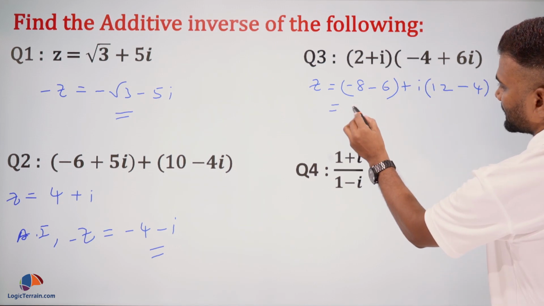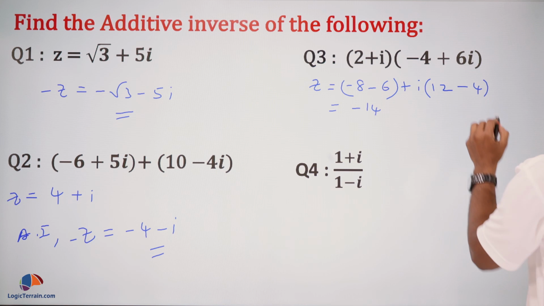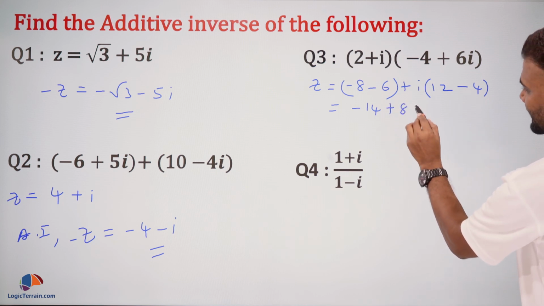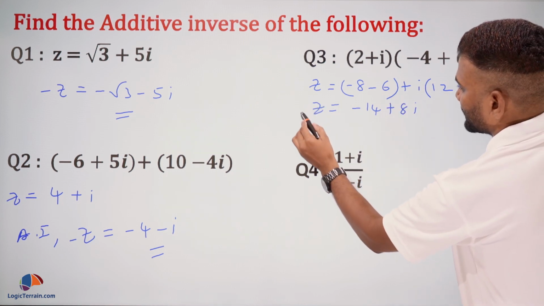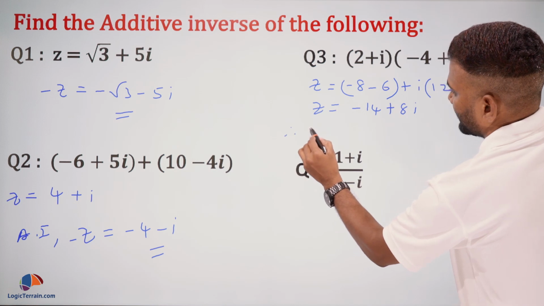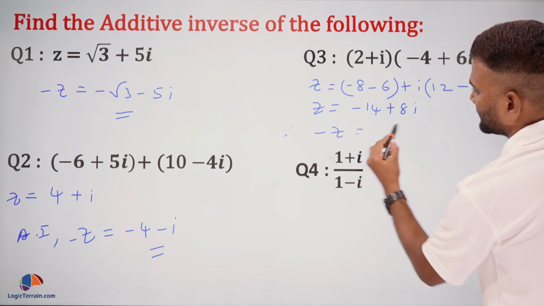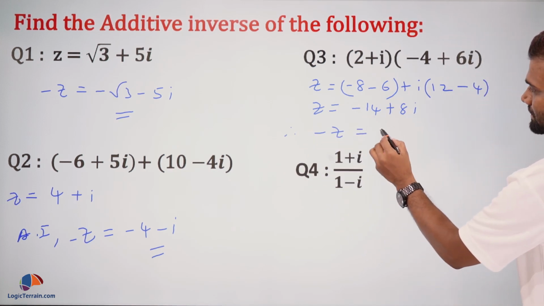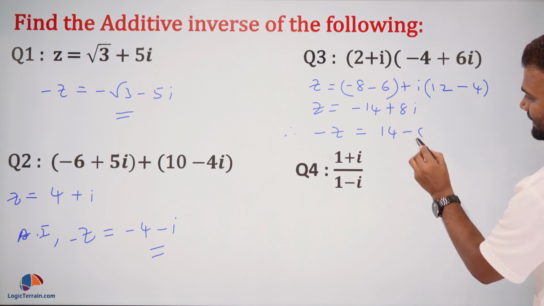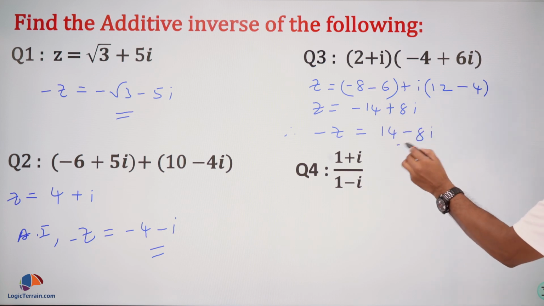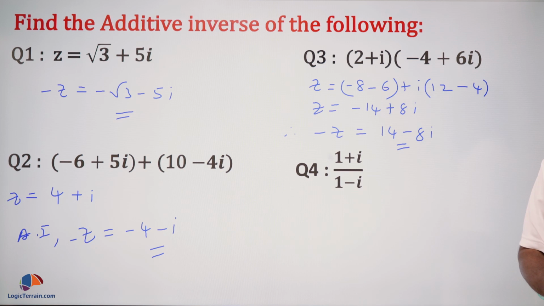So, further this becomes negative 14, 12 minus 4 is 8, plus 8i, this is z. Then therefore the additive inverse negative z is equal to negative of this, that is 14 minus 8i. This is the additive inverse of this expression.